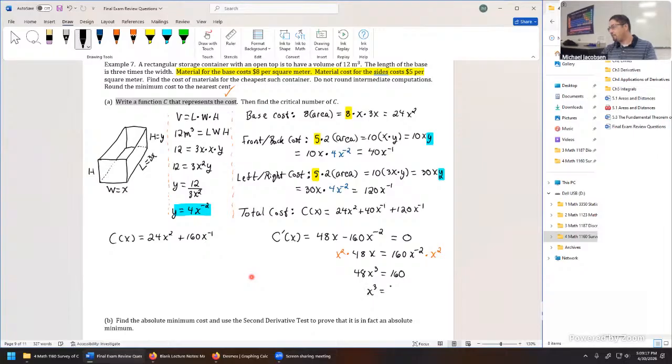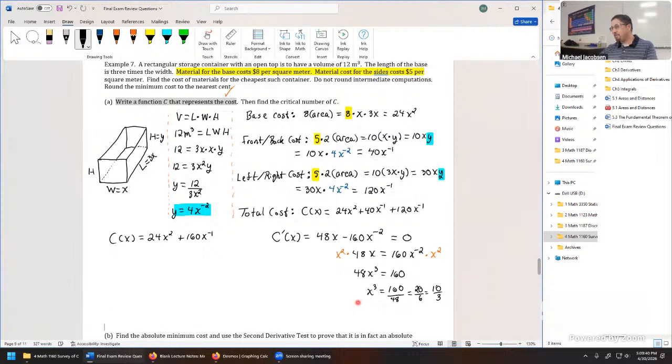Say x cubed equals 160 over 48. You can divide this by, say, 8. 8 would go in the numerator 20 times. 8 would go in the denominator 6 times. Then you can divide by 2. 2 goes into the numerator 10 times and into the denominator 3 times.